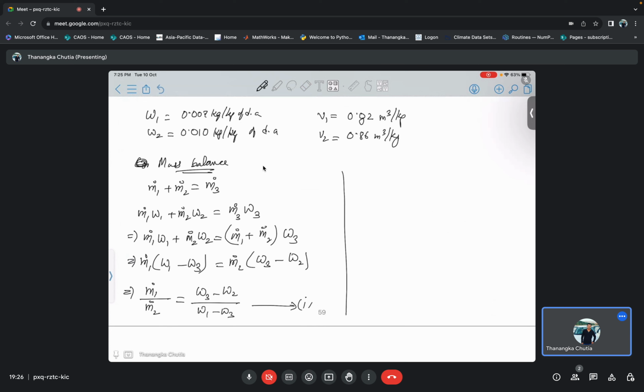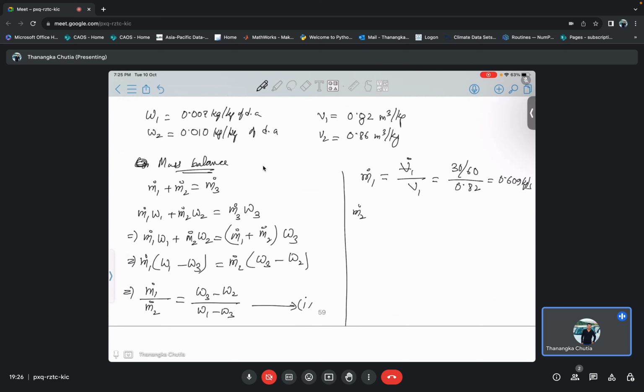Now m1 dot I can calculate as v1 dot divided by v1. So v1 dot is 30 by 60 and v1 is 0.82. If you put all this, you'll get 0.609 kg per second.